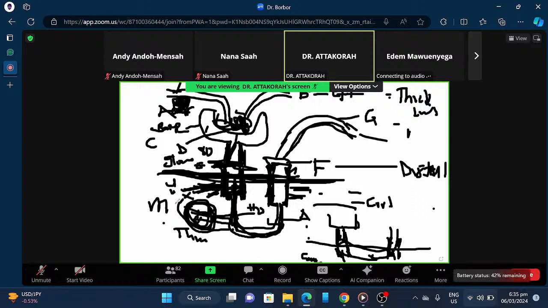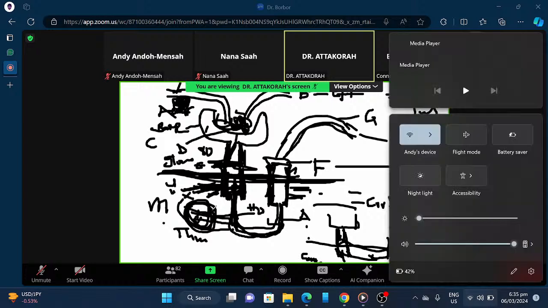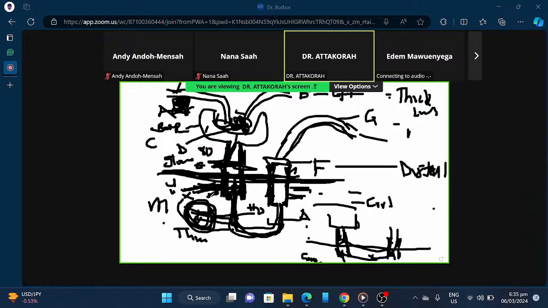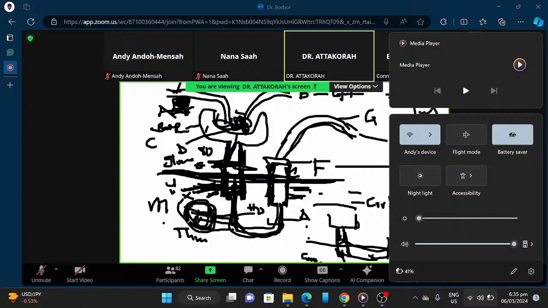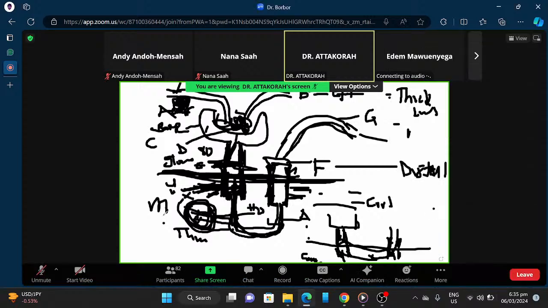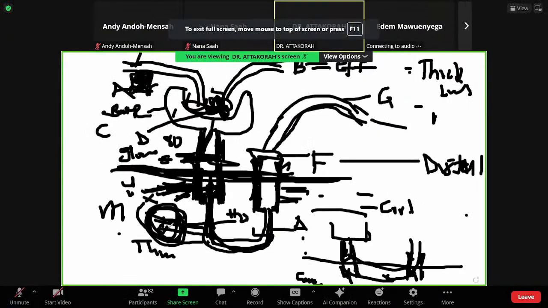And this ischemia can affect the functionality of the parenchymal cells within the medulla, such that if there's reabsorption, the concentration will be affected because the cells are necrotic.